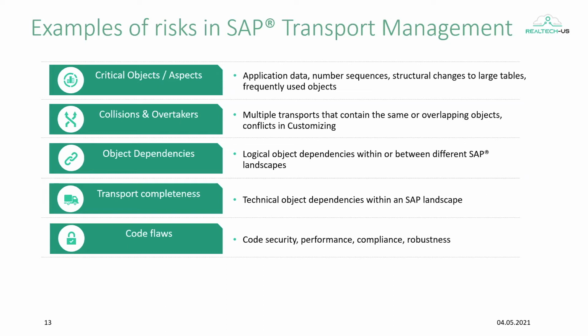So when we approve in our solution, and I'll show you, we check for critical objects, collisions, dependencies, transport completeness, and return code forecasting. And if there's any code security or performance concern, we integrate with solutions like Security Bridge or Napsys. We can do that at the release point, so we can check the code, or even the standard SAP, I think it's Code Inspector.